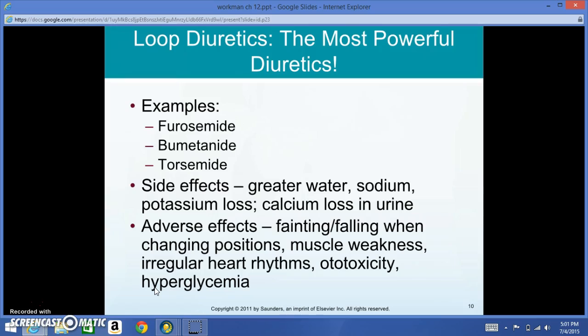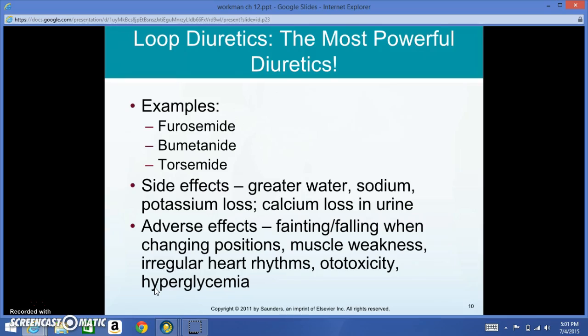You progress to loop diuretics if and when you begin to have kidney damage, because now the thiazide diuretics won't help you. You need something stronger, and loop diuretics are definitely the most powerful diuretics that you can take. As you can see, the endings of the words, "mide" or "ide", are a commonality that you may want to consider memorizing.